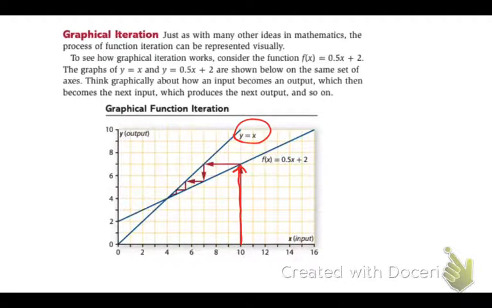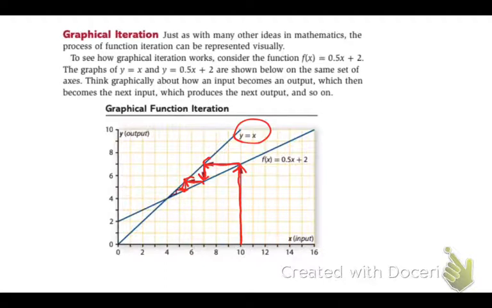Because this line over here is going to graph the point 7, 7, where those two things are the same, I'm going to move over to that line, so that becomes the new input, the new x value that I'm using, until I move down and touch that line to get the new output. From that output, I move back over to the line to get to the new input, and then I keep moving down in that direction.